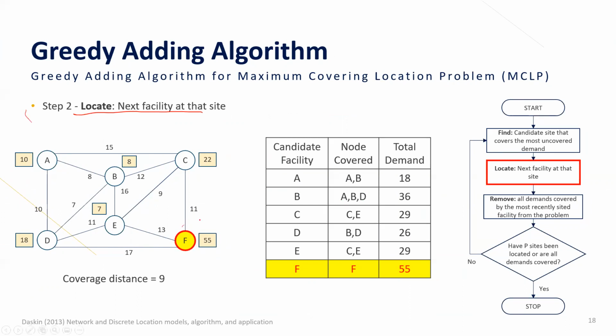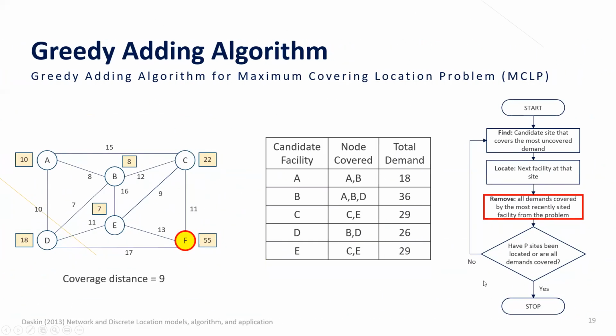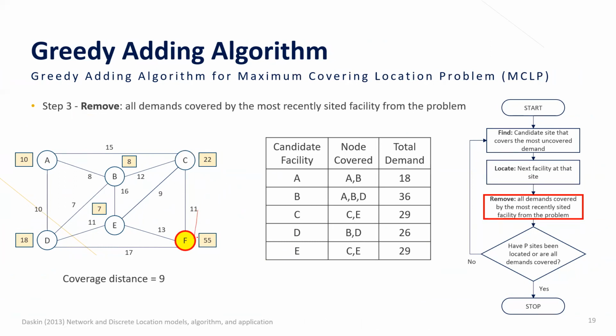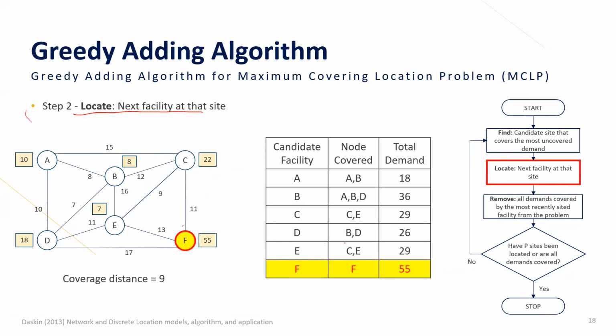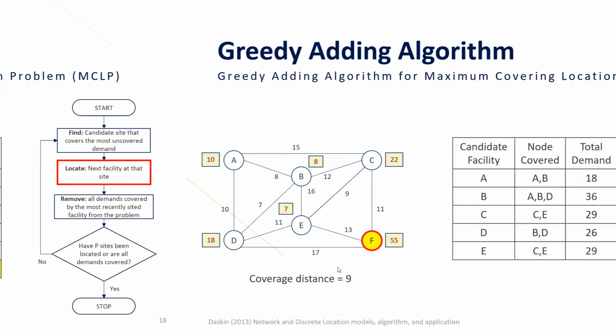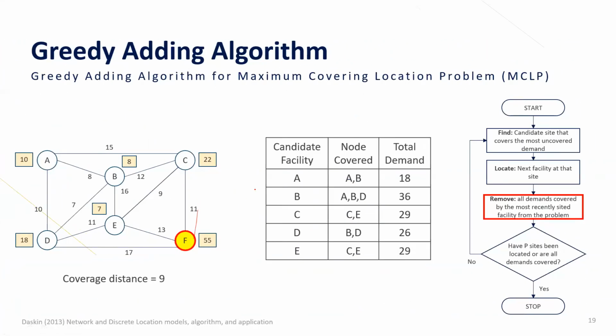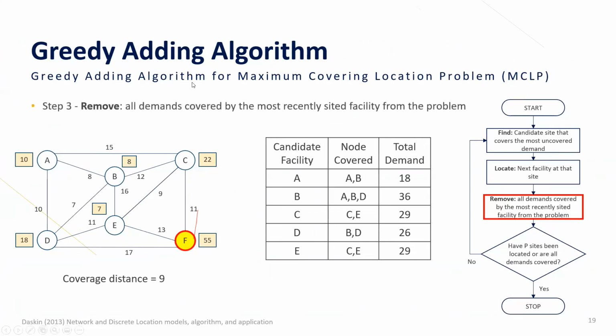When you decide to open F, then you go to the next step. You need to consider F and its connections. What is the connection with F? Oh no, only F. So F and its connections means only F will be removed. Remove all demands covered by the most recently sited facility.